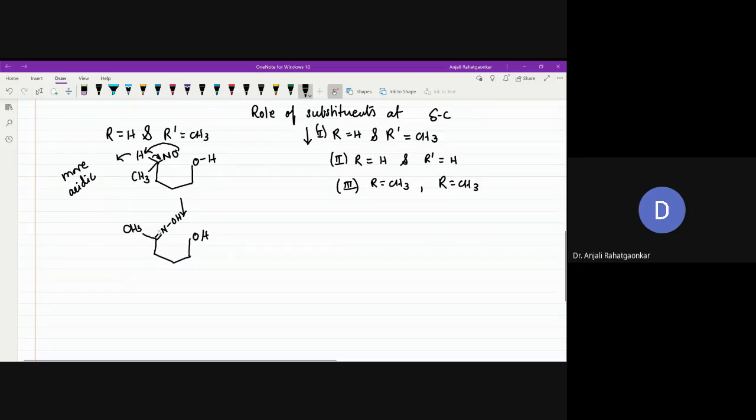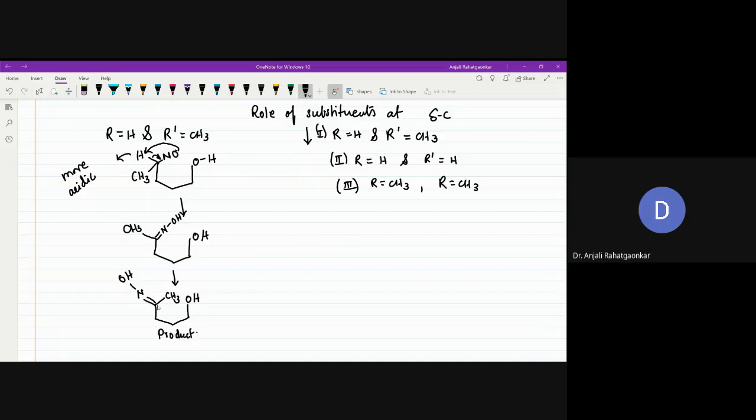So when your R is equal to H and R dash is equal to this, oximes are going to form. All right. So this is your ultimate product.